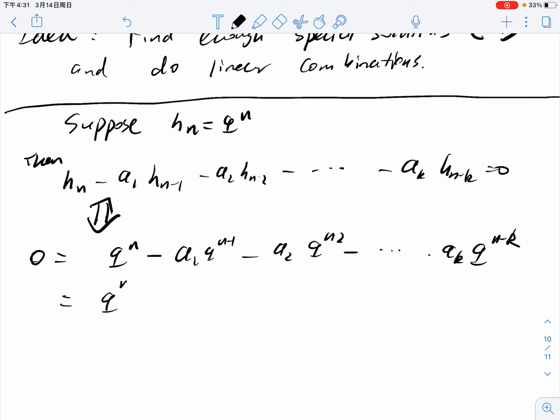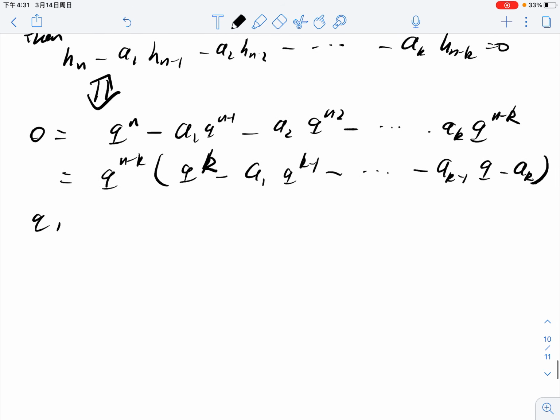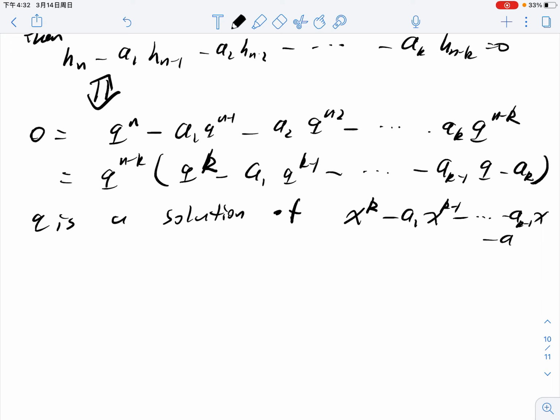And you factor out Qn minus k, you will find inside you have a polynomial of degree k, depending on the variable Q. That's why we call the relation order k, because inside the associated polynomial is a polynomial of degree k. And then Q is a solution of the polynomial equation.